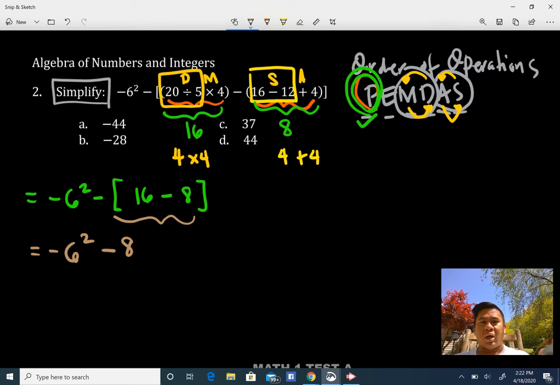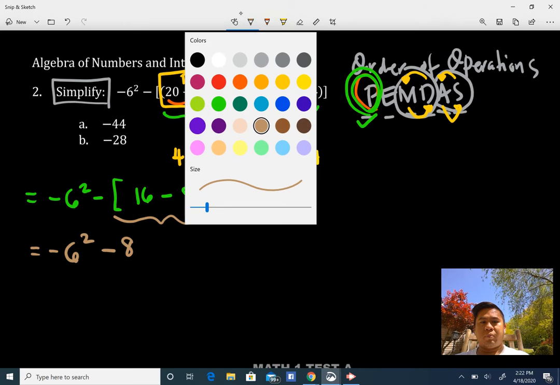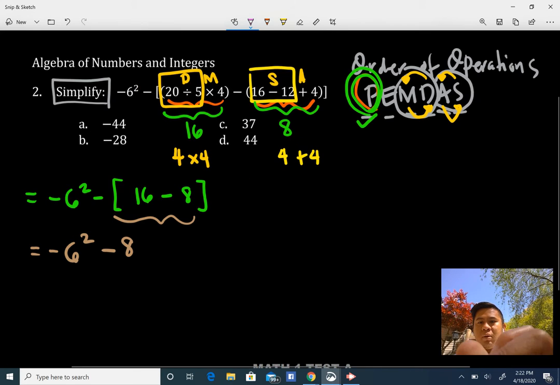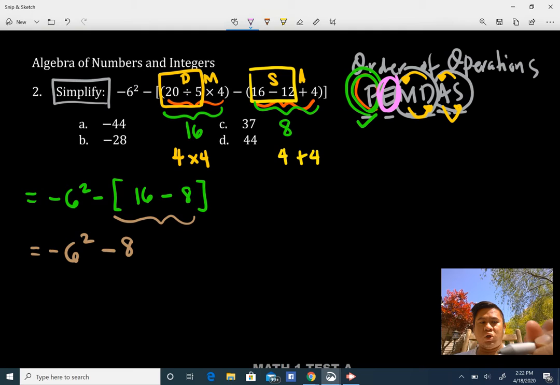After this, I'm going to deal now with the exponent, which is the power 2 in here. So, in this particular case, I'm not considering the negative yet.